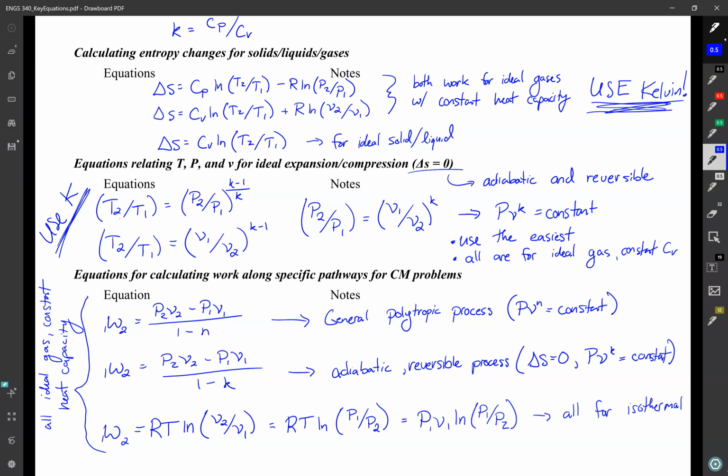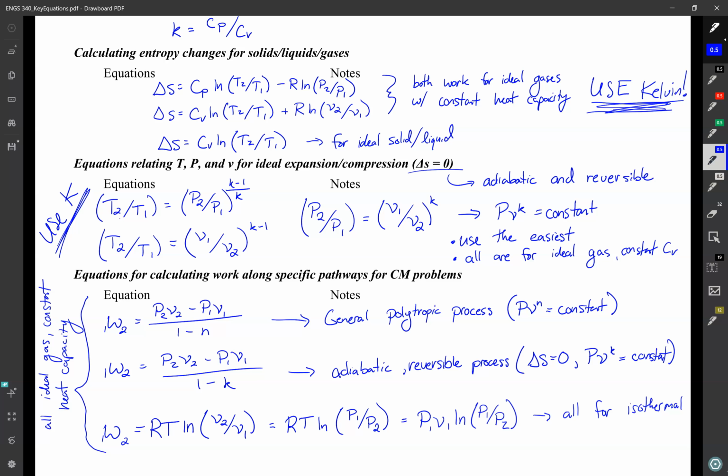So all three sets of equations are for ideal gas constant heat capacity, and then for specific processes, whether we have a polytropic process, an adiabatic reversible process, or an isothermal process.